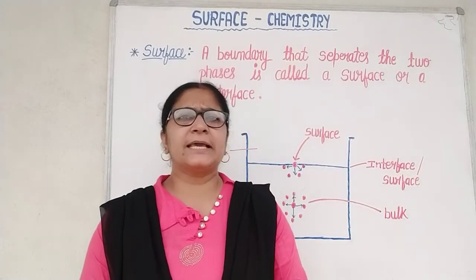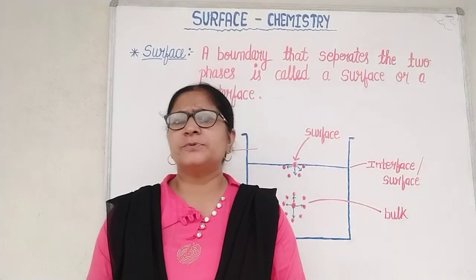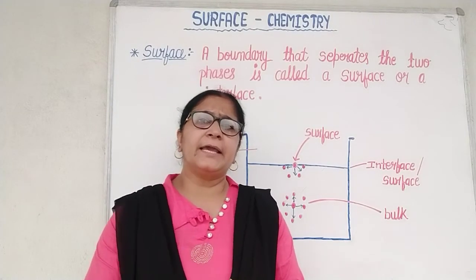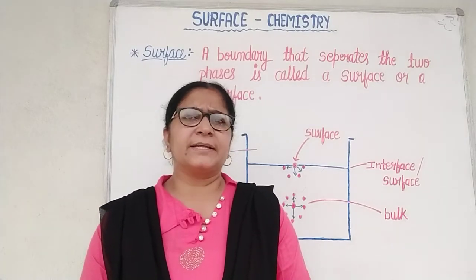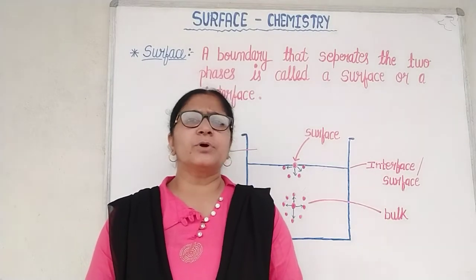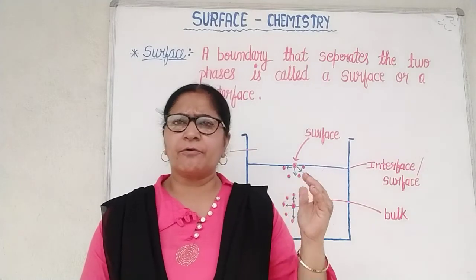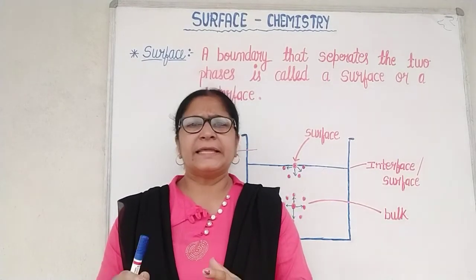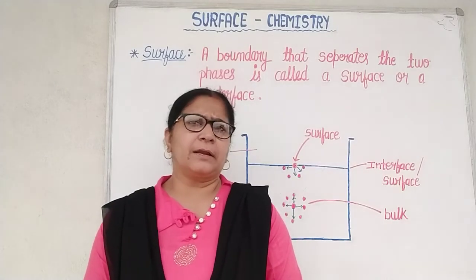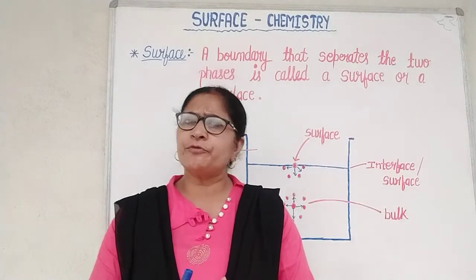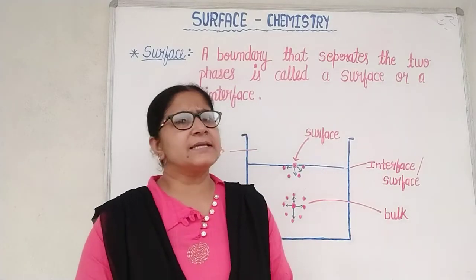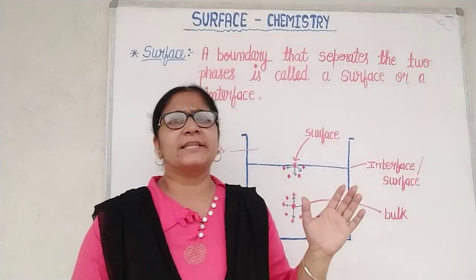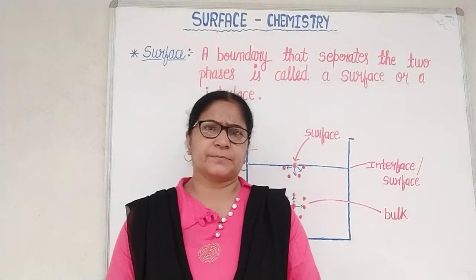If we observe, there will be a surface which has an equilibrium between the one related to the vapor phase and the one related to the liquid phase. So there is a boundary that separates the two phases, and that is the reason it is known as interface, or surface.